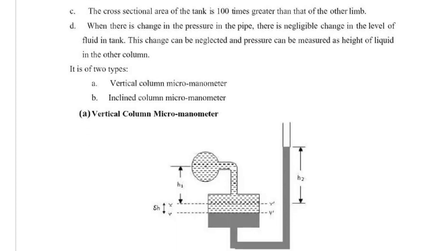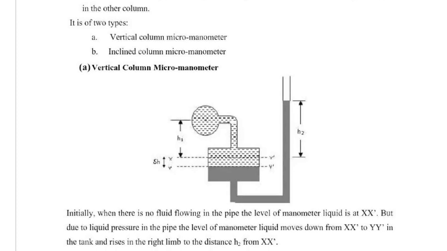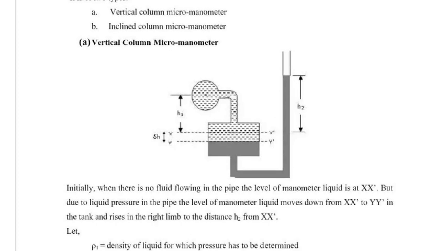It is of two types: vertical column micro manometers or inclined column micro manometers. This is the vertical column micro manometer. When there is no fluid in the pipe, the level of the manometer is xx. This line is xx. If there is no fluid in the pipe, this line is xx.